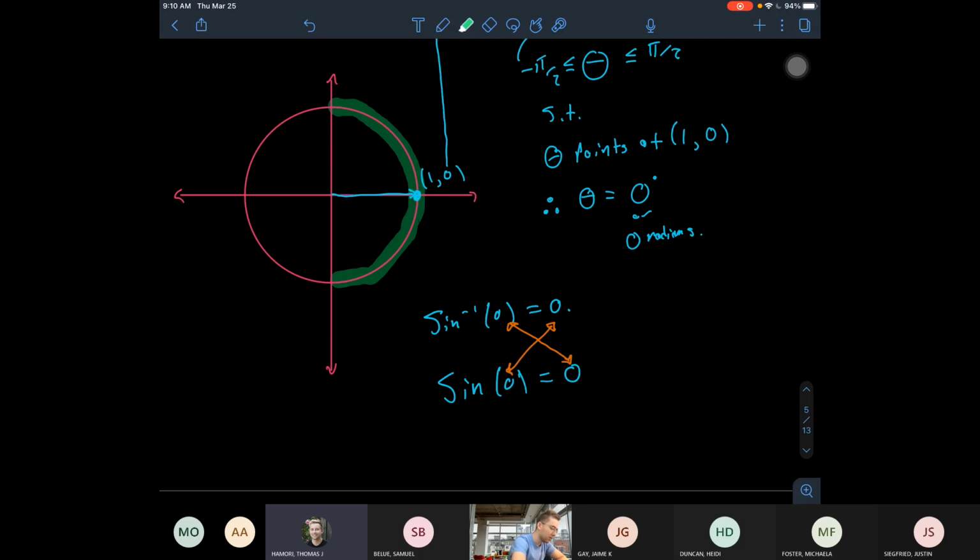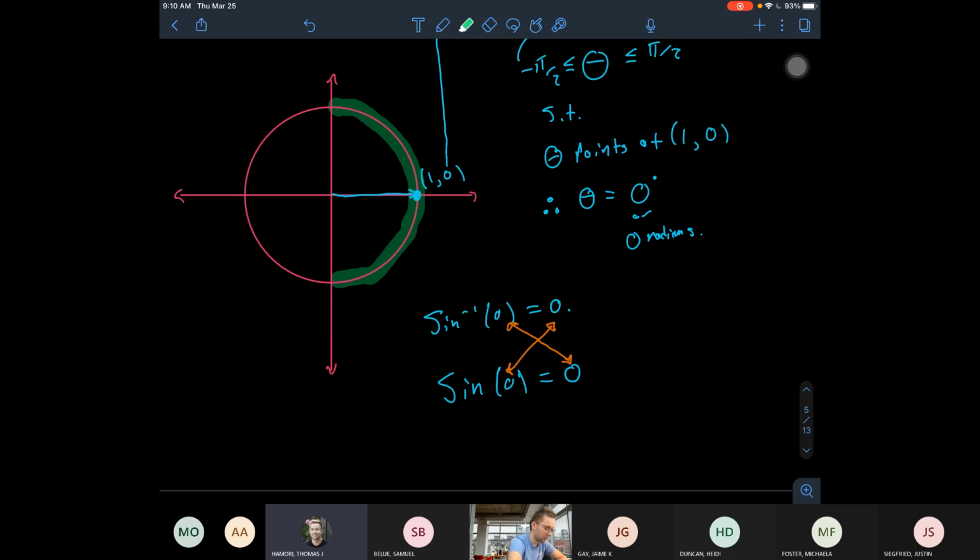Okay? So the first line says, what is the angle theta such that if we plug it into the sine function, we get 0? The second one says, what is the y value of the unit circle which corresponds to the angle 0?